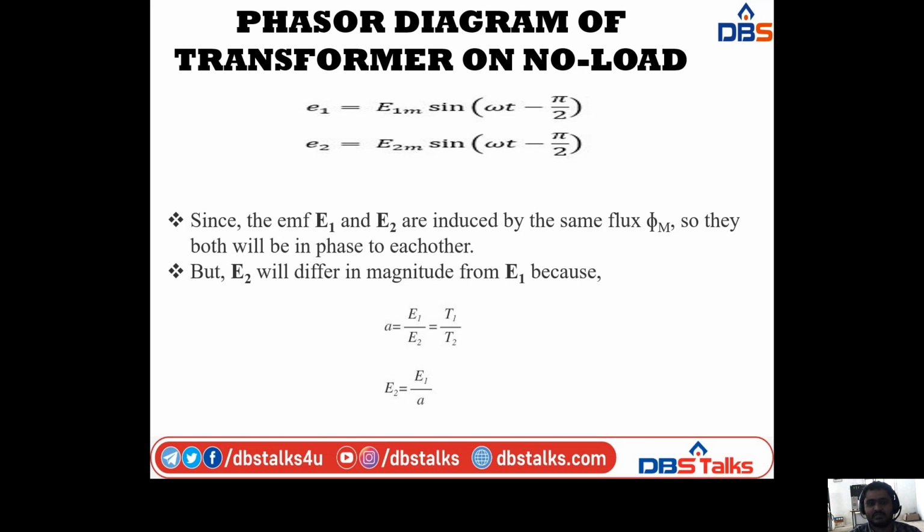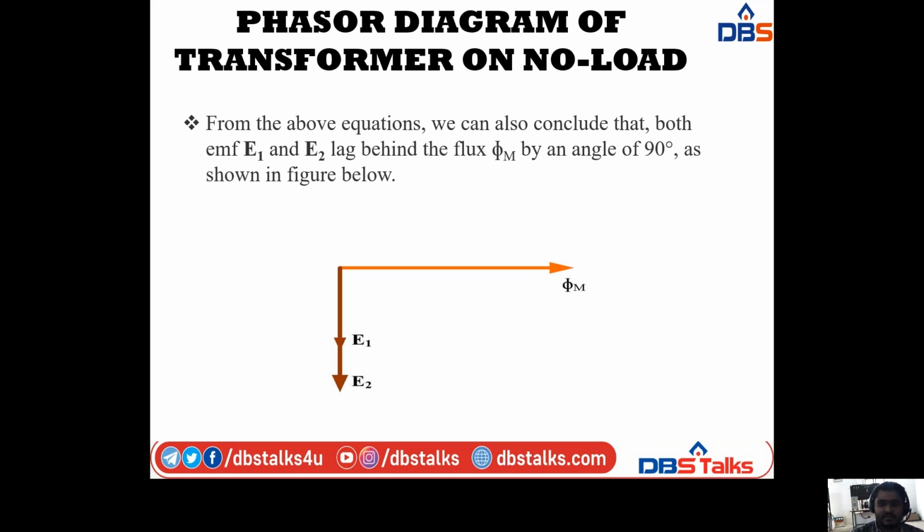By using these two steps we will draw the phasor diagram. From the above equations we can also conclude that both EMFs E1 and E2 lag behind the flux phi m by 90 degrees as shown in the figure. So firstly, I am taking the flux phi m as the reference phasor. This orange color line is the reference phasor.